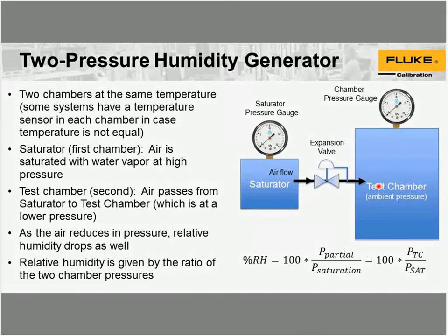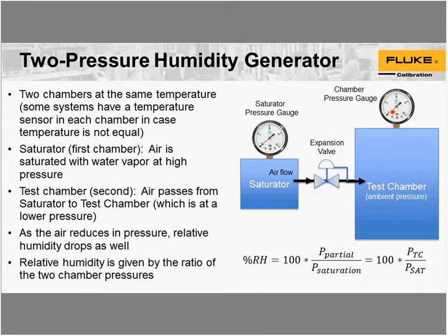The gas goes from a higher pressure saturated gas to unsaturated gas, and the relationship of these two pressure values is related directly to the percent RH. So it's a nifty method of measuring humidity, or generating humidity, I should say.